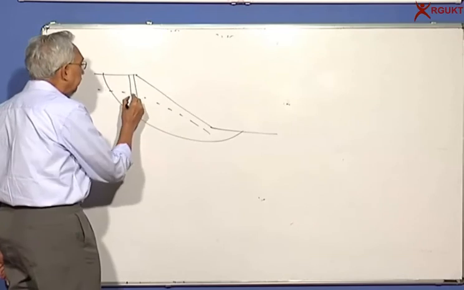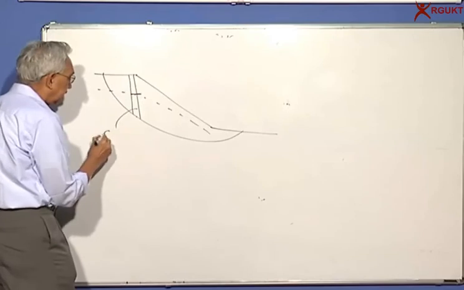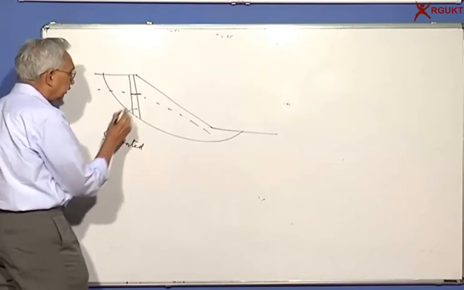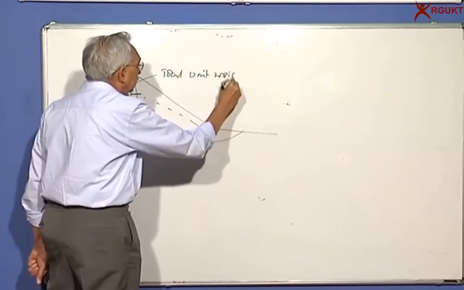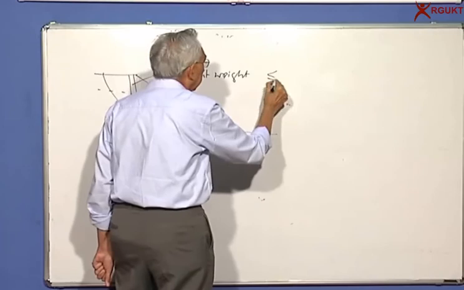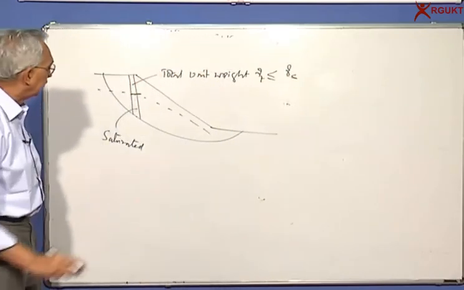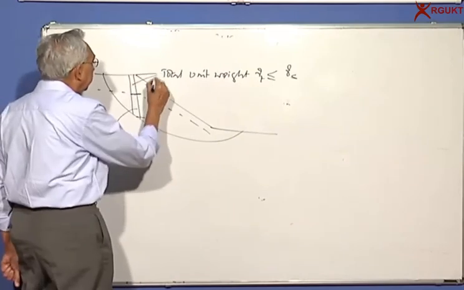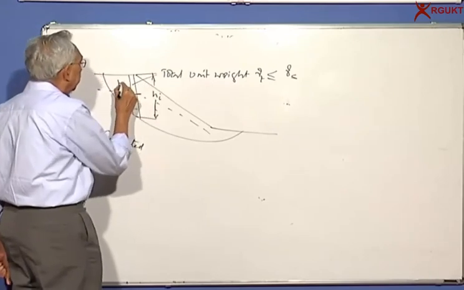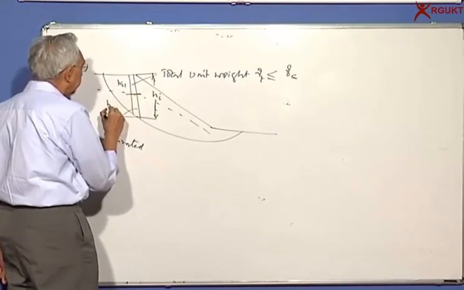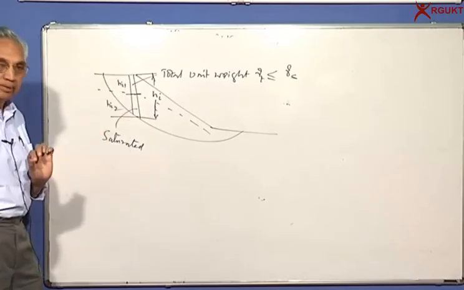Now you agree that the soil below the water level is saturated. Here it will be the total unit weight, which can be gamma total, let's say, less than or equal to saturated unit weight. We said that this height is Hi. You divide this into Hi1 and Hi2: the height of the slice above the water table, and the height of the slice below the water table.